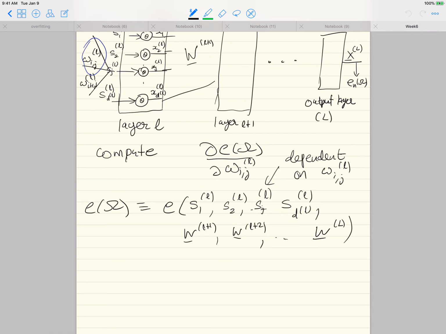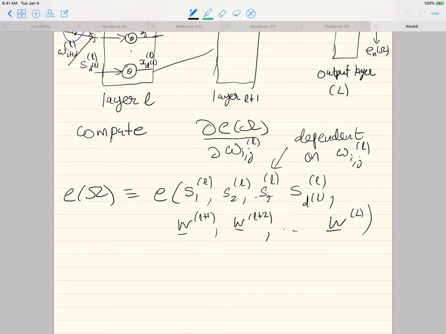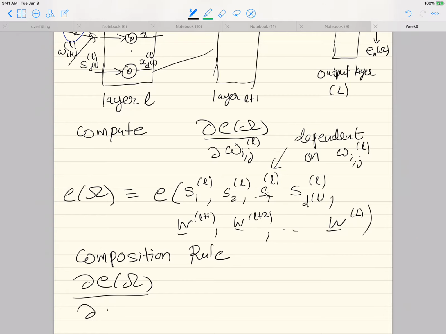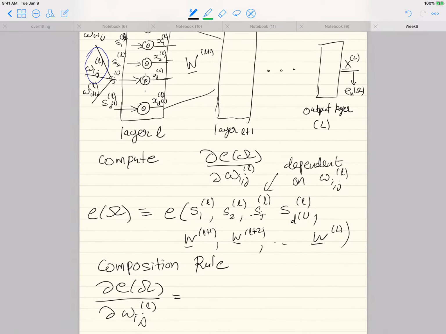So if I use the composition rule for computing derivatives, and if I want to compute dE of omega by dWij of L, then I look at how E of omega is computed. It's computed as a function of these parameters. Only one of them is dependent on Wij of L. None of the others are. So how will I write the chain rule?